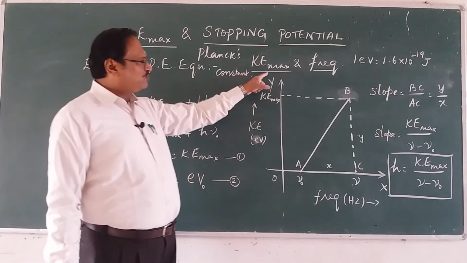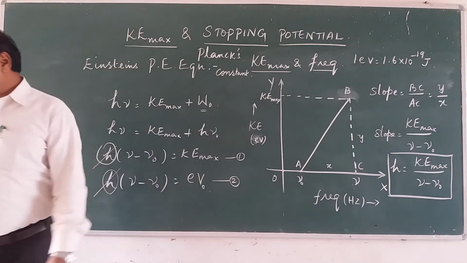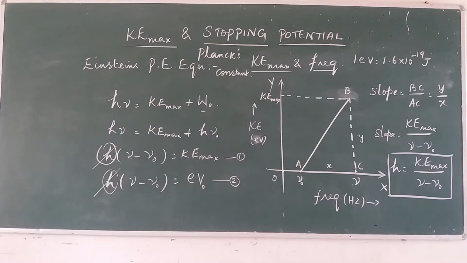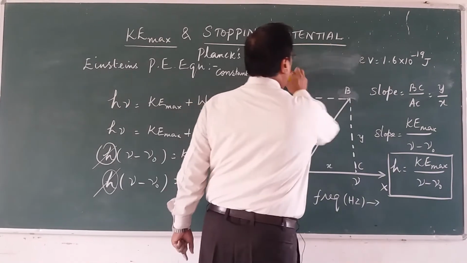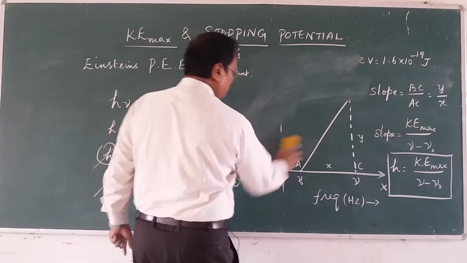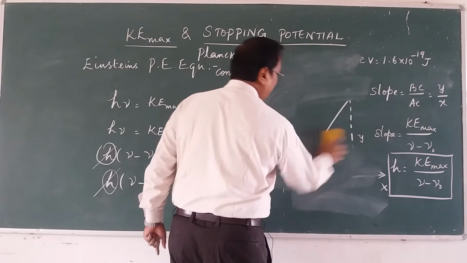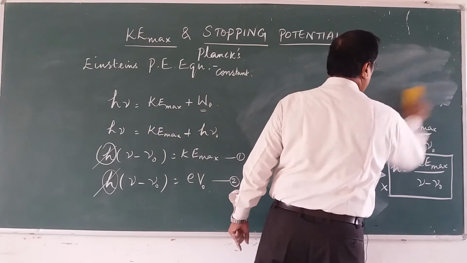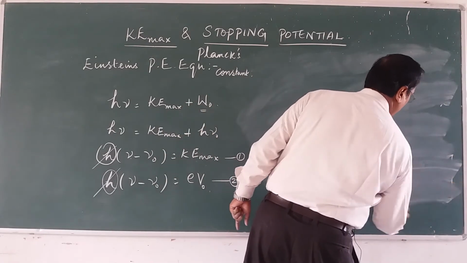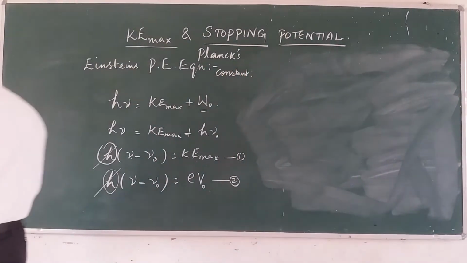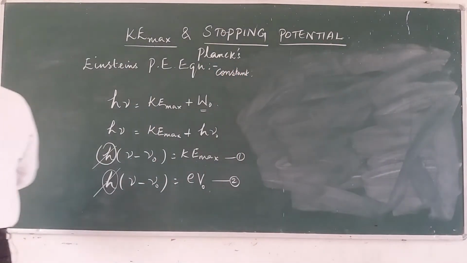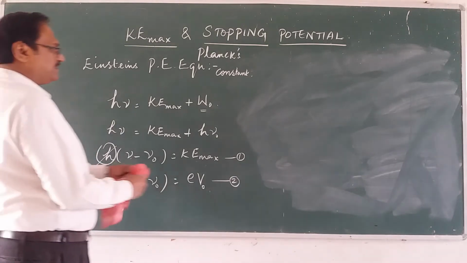If, suppose, instead of this graph, I am going to draw a graph between stopping potential and frequency. Now, what is the next thing I am going to do? I am going to take the stopping potential versus frequency.